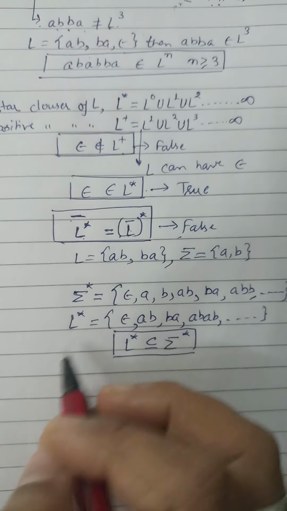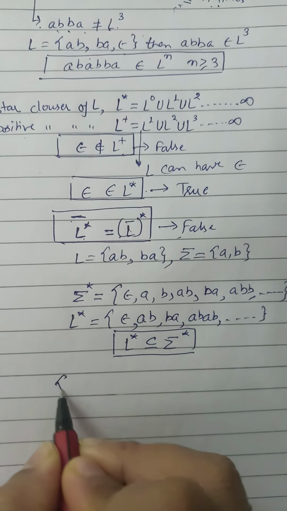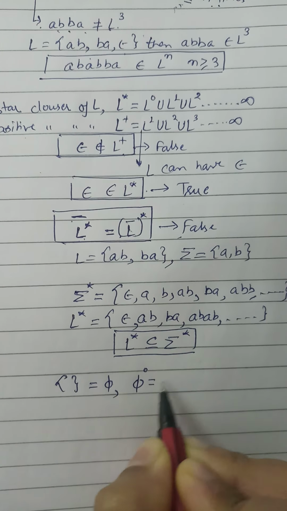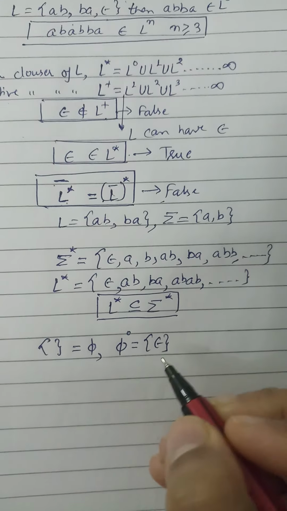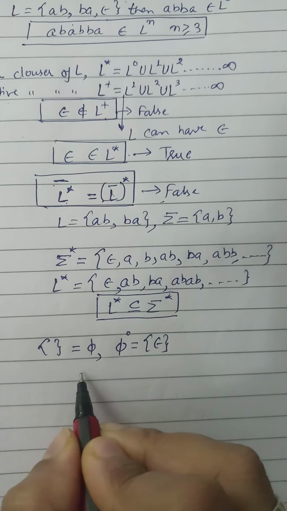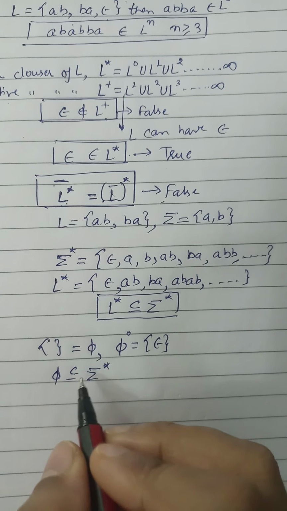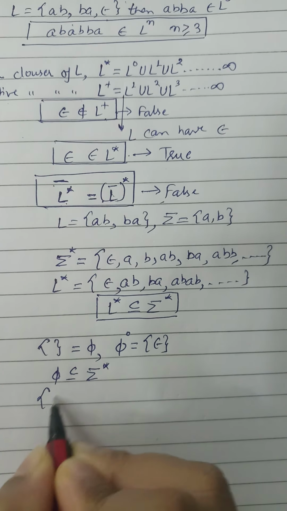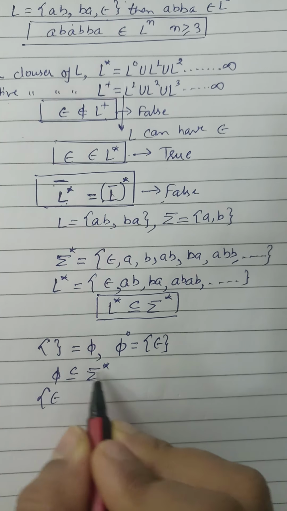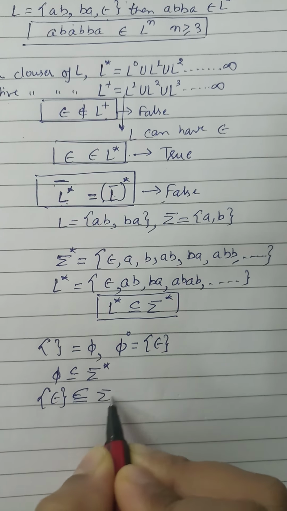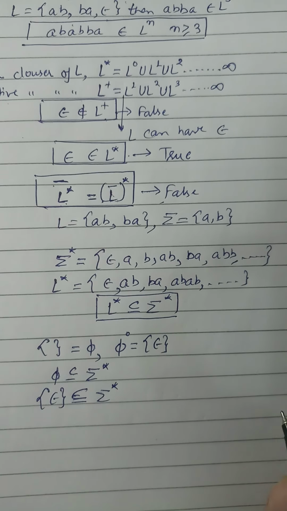Some important terms are also there: the empty set is phi, and phi to the power 0 will be equal to epsilon. That's why epsilon is a subset of alphabet star, and phi is a subset of alphabet star.